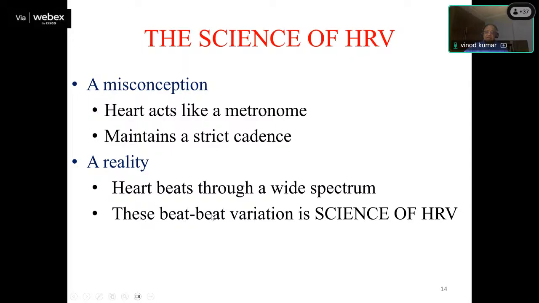So this beat to beat variation is the science of HRV, which we will discuss in this lecture in detail. Otherwise, the rest of the parameters you can directly measure, and then we can use those parameters for evaluating the heart health or the health of the cardiac system.